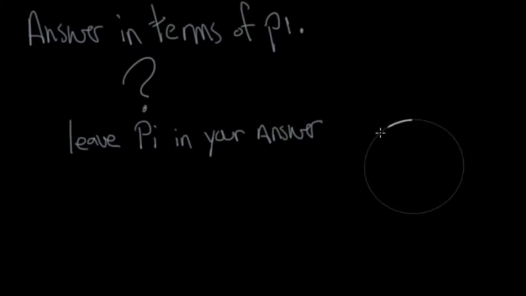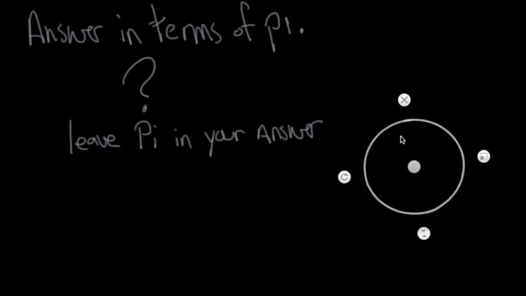So, here's my circle. And what do you guys want? Diameter, or do you want the radius? Oh, I heard you. You guys said you wanted the diameter. Okay. And I'll say the diameter is 12.